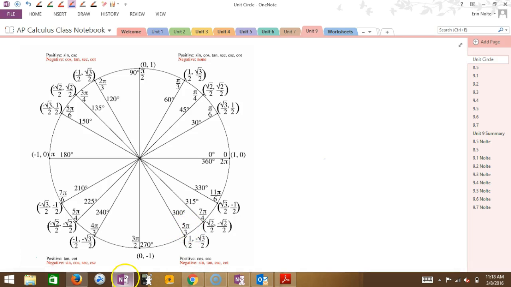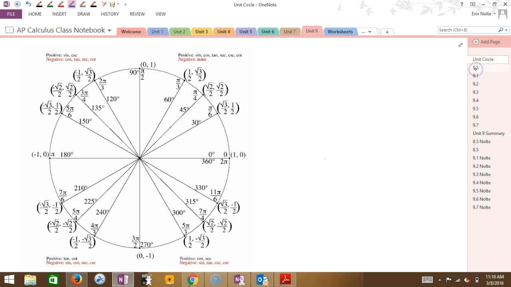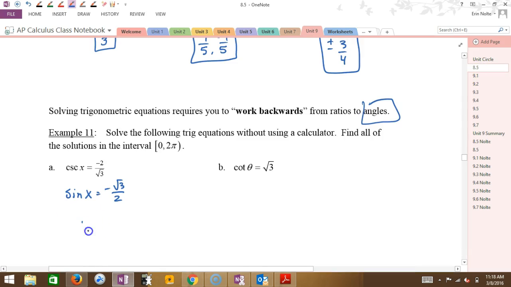Those are my two solutions. So my angle is 4 pi over 3 or 5 pi over 3. They give you this interval here, meaning you can only use one revolution around the circle.